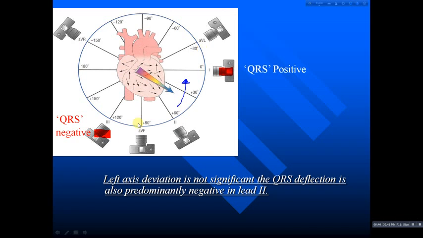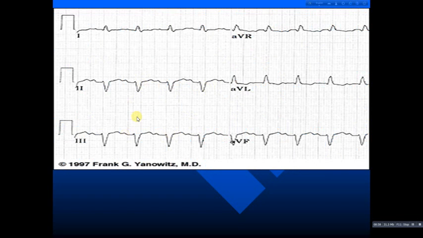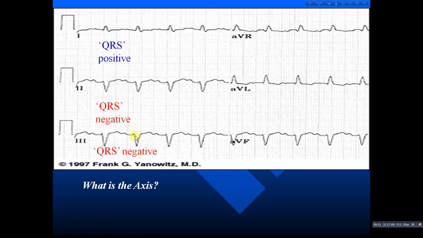I think this is very easy if we understand the basics of the ECG, particularly the position of the 6 limb leads, their location, and the basic principles: when an impulse is moving away from any lead, in that lead there will be a negative QRS complex or negative wave, and when an impulse is moving towards any lead, in that lead positive deflections, positive waves or a positive QRS complex will be produced.